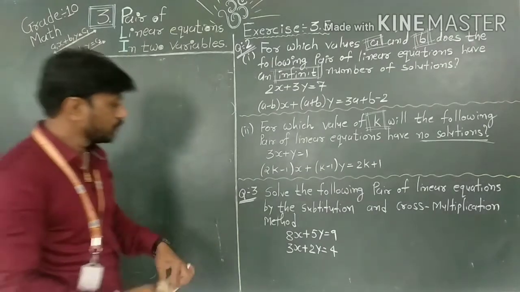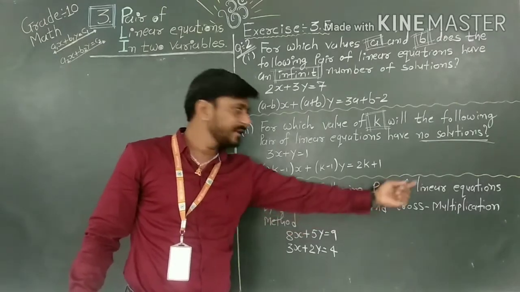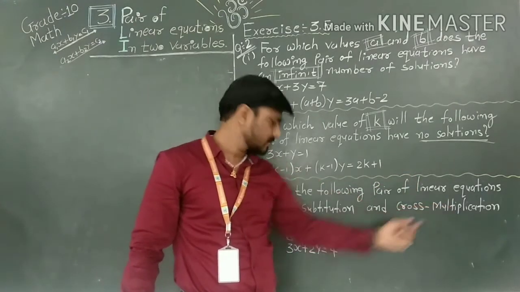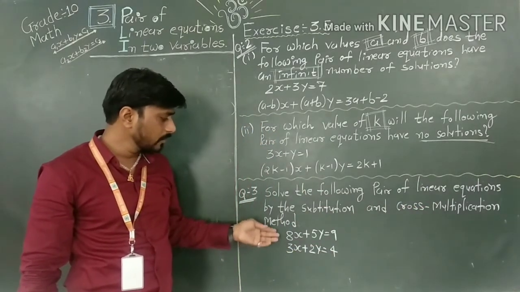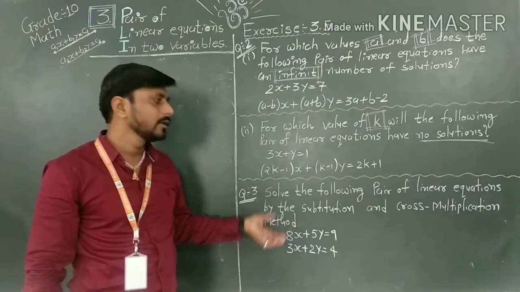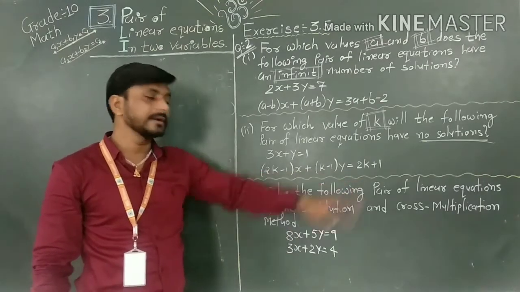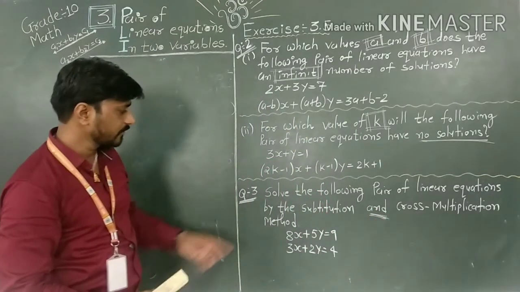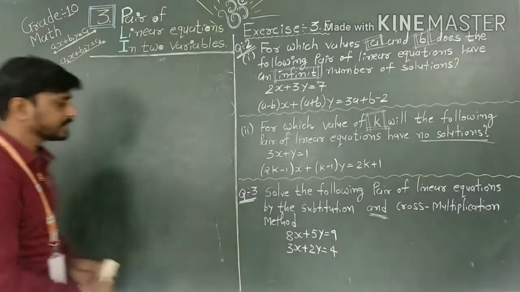Look, solve the following pair of linear equations by the substitution method and the cross multiplication method. Here we want to find the solution of this pair by both the substitution method and cross multiplication. First of all, I solve by the substitution method.